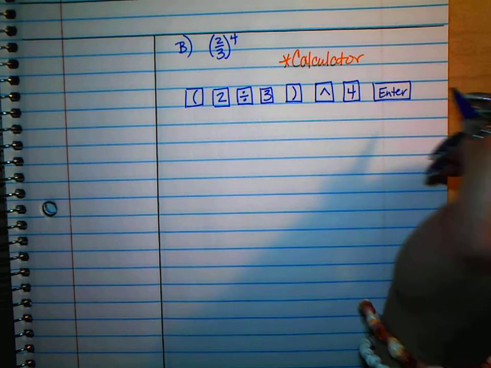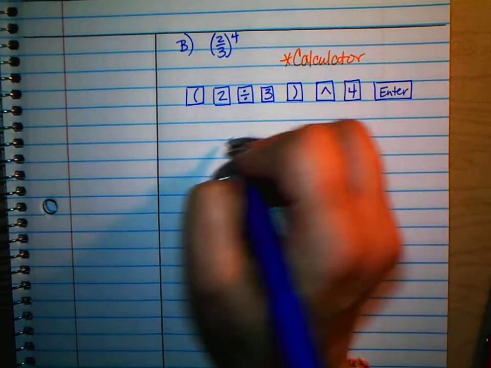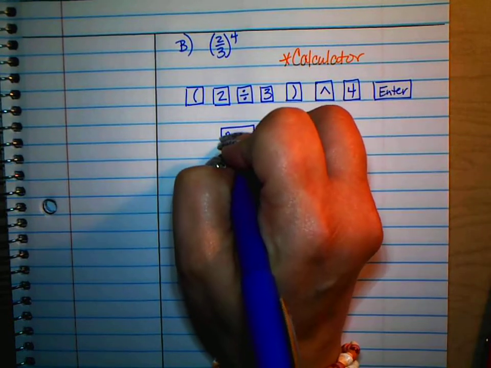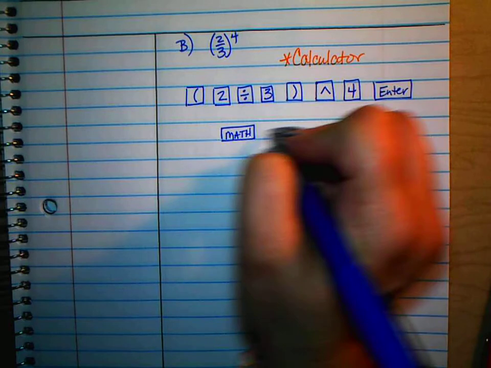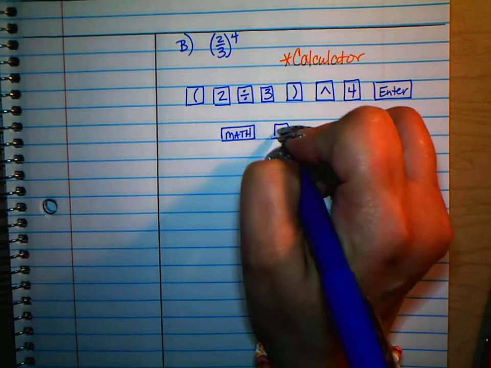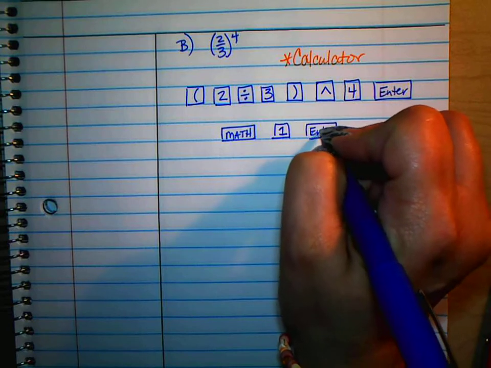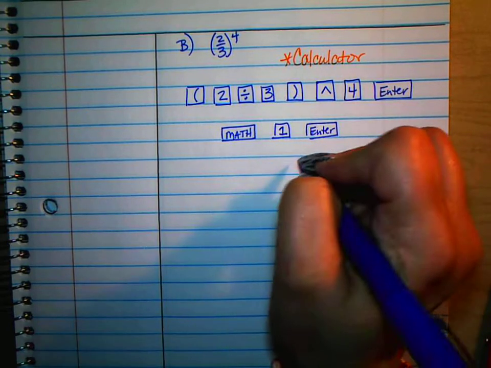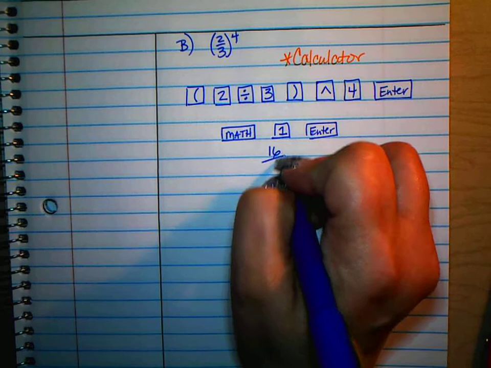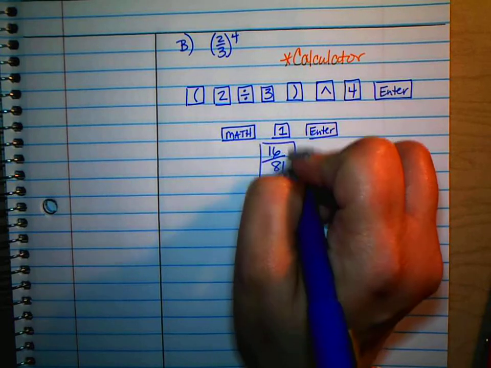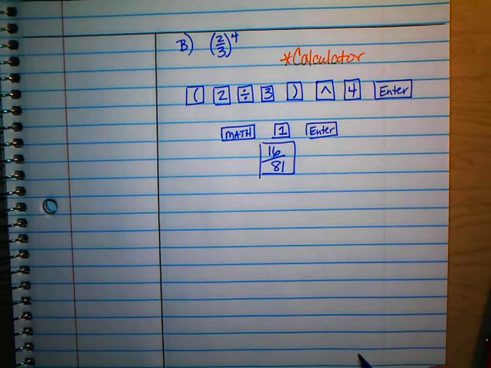And actually, I get a decimal for that, so then I'm probably going to do math and the 1 and enter again, which will change my decimal answer back into a fraction of 16 over 81.